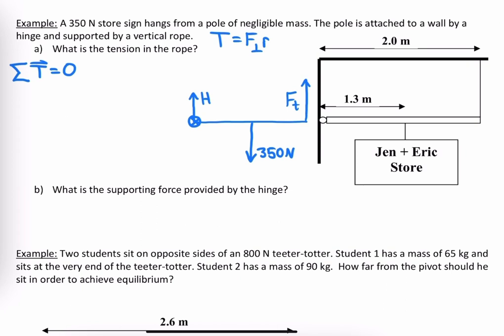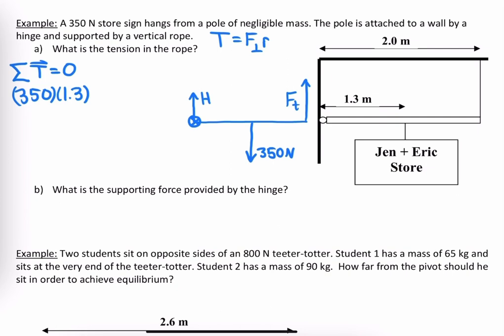Let's look at the next force. This 350 newtons. That's a force. Now, what distance is it from the rotation point? Well, that's this guy over here, 1.3. So let's write that torque down in my sum of torques. I have a force of 350 times a distance of 1.3 from my rotation point.